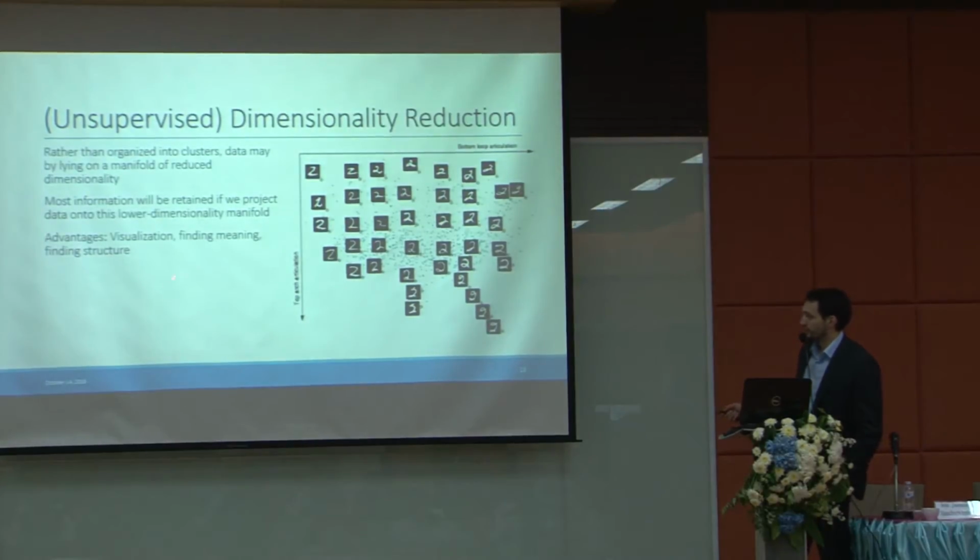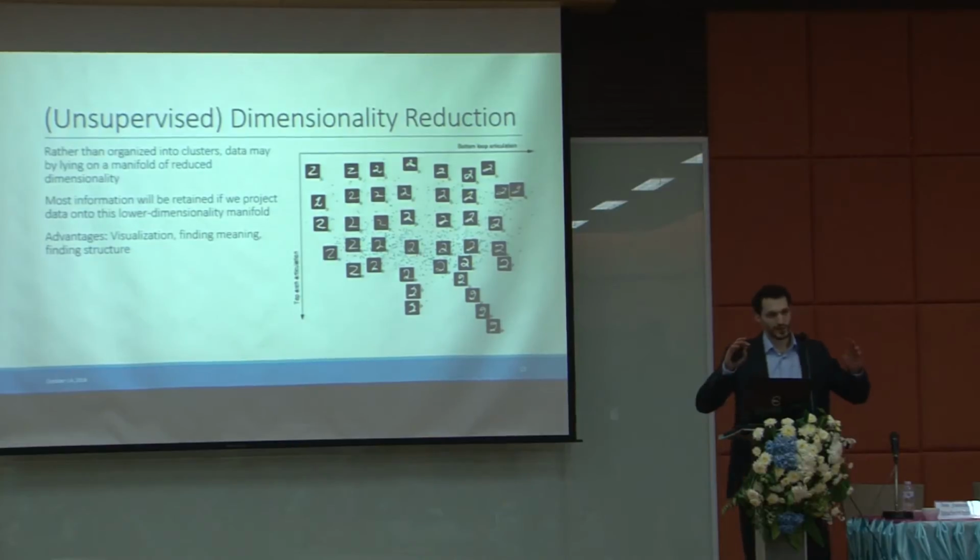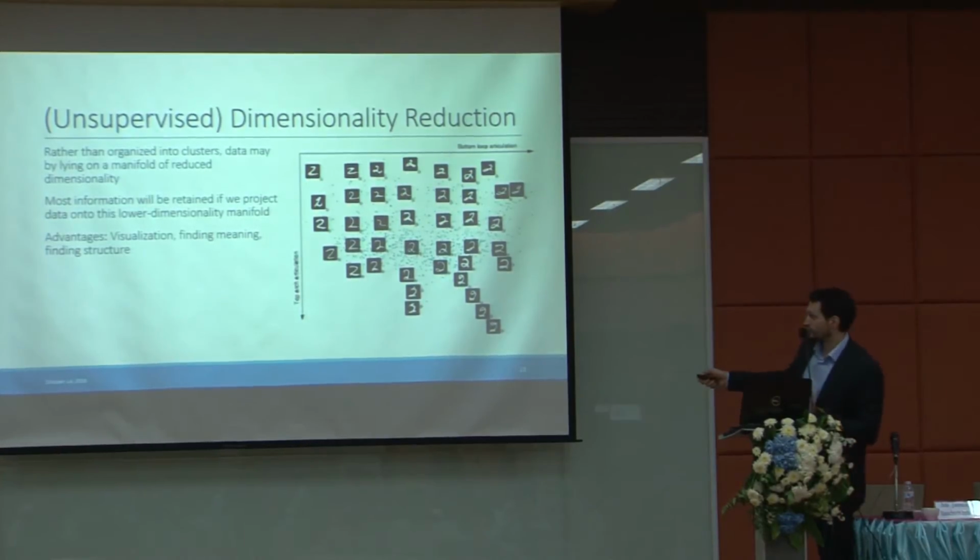So what this does is basically take a high dimensional representation of something and try and project it down into lower dimensions. So for example, if you have all of these, so these are all twos, right? They're handwritten twos. Up on the top here, you have how big the bottom loop is in the two. Is it like this or is it like this, right?